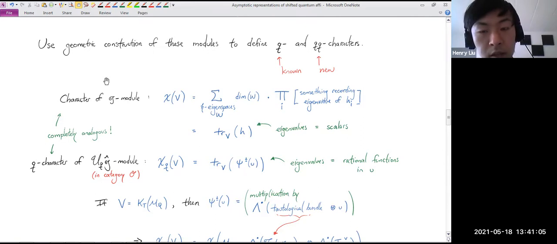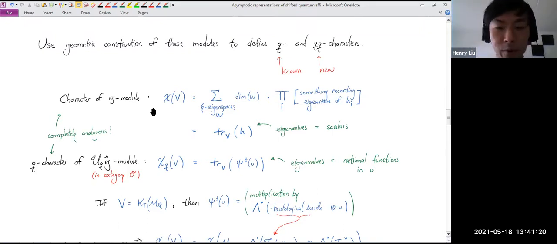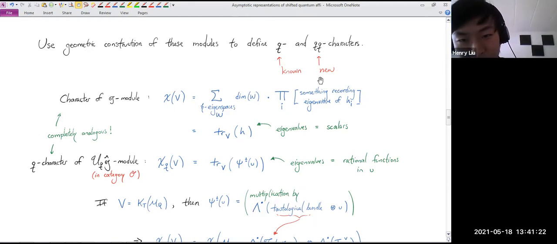Okay, so what's a Q character? We'll start with the ordinary character of an ordinary Lie algebra module. At the risk of putting everyone to sleep, I've written it down here.